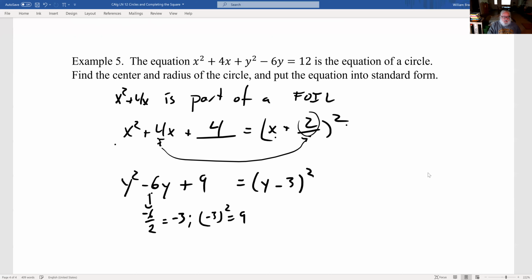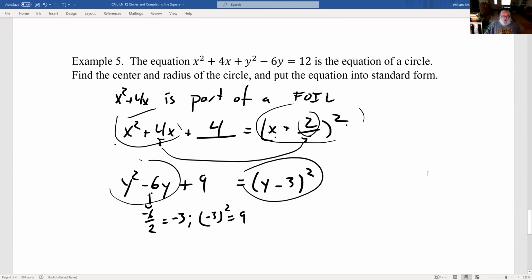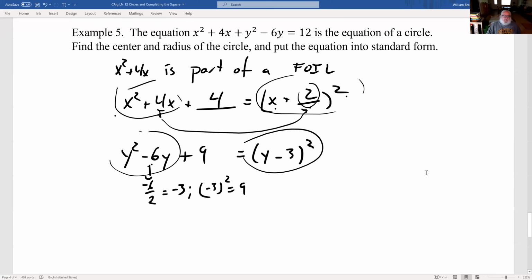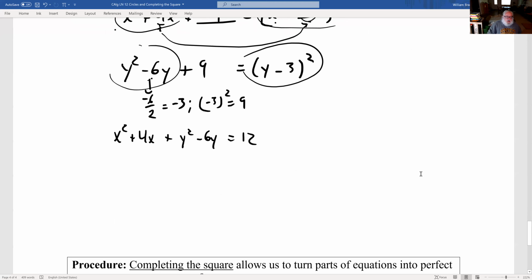So I want a plus 9 there. So now I can relate my x squared plus 4x to a nice square and my y squared minus 6y to a nice square. So how can I use that to rewrite this equation, x squared plus 4x plus y squared minus 6y equals 12 as a circle in standard form?